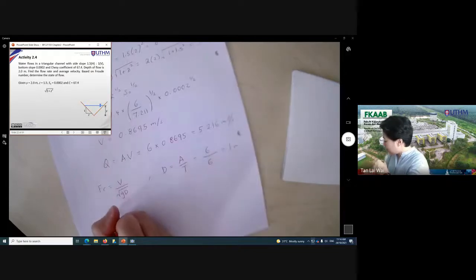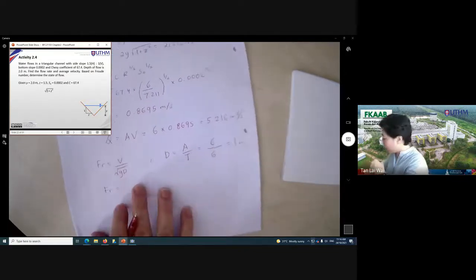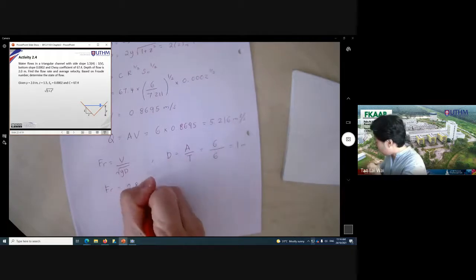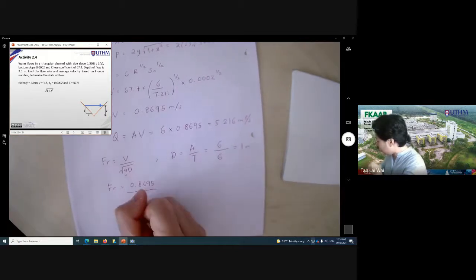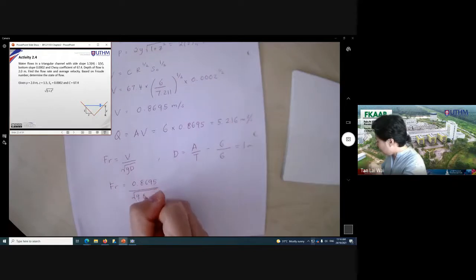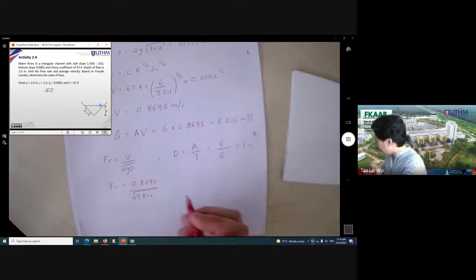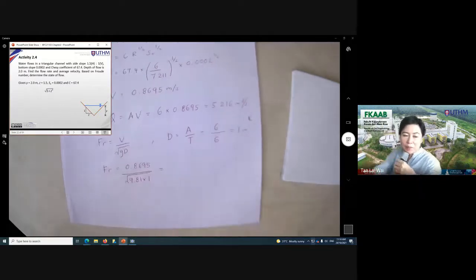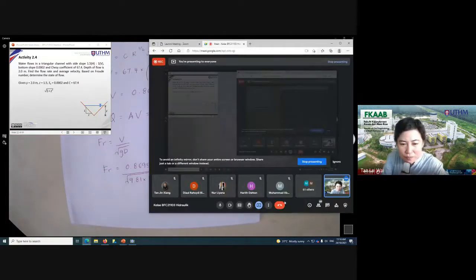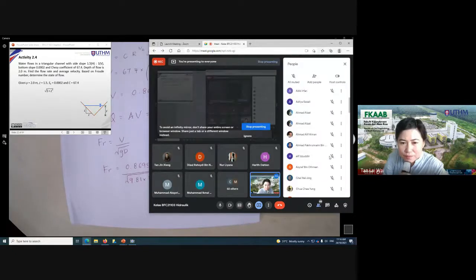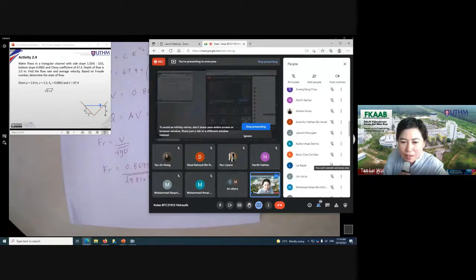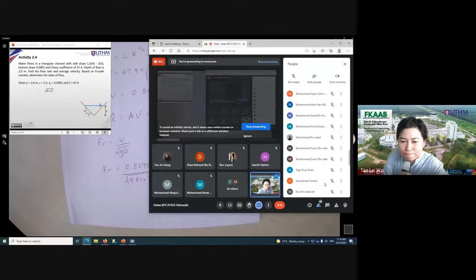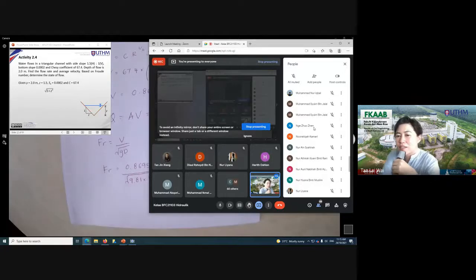So Froude number is, velocity is 0.8695 divided by the square root of 9.81, the gravitational acceleration, times 1. So therefore, now I would like to have Chua Zhen.